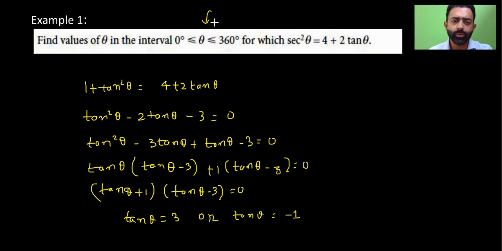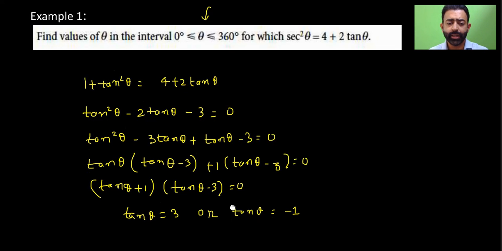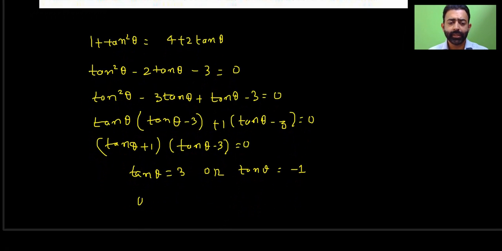So if I take tan theta equal to 3, I get theta as tan inverse 3. So your principal value of theta will be, let me quickly check this, tan inverse 3 is 71.56.